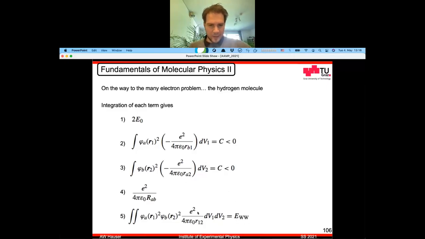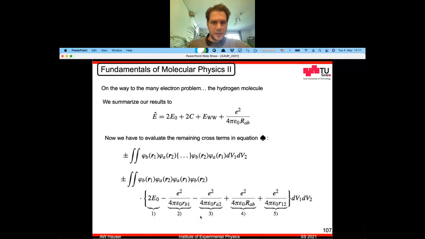Wechselwirkungsenergie der Elektronen, EWW, has this phi A squared, phi B squared, and then the interaction is 1 over R12, with R12 denoting the distance between the two electrons 1 and 2. So this is the result of the integration for each of the terms in our Hamiltonian.